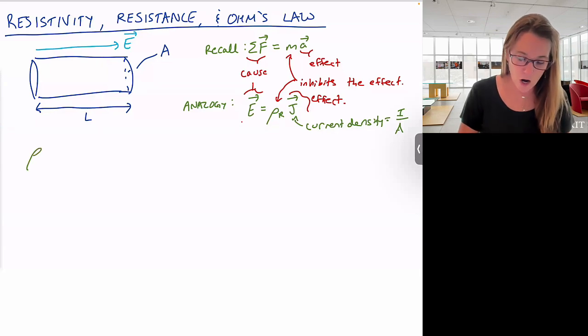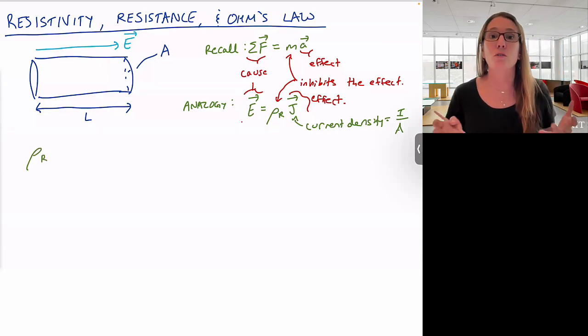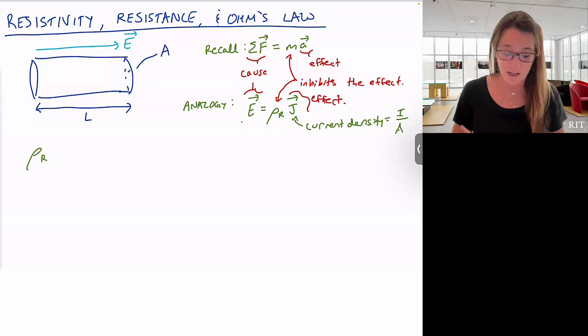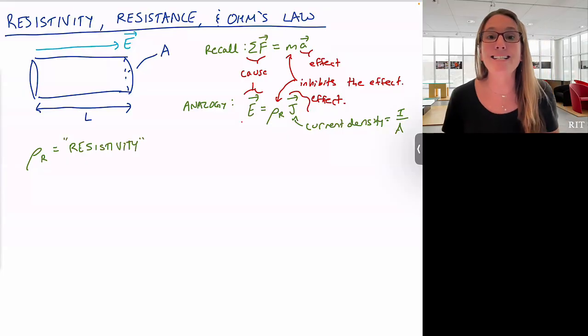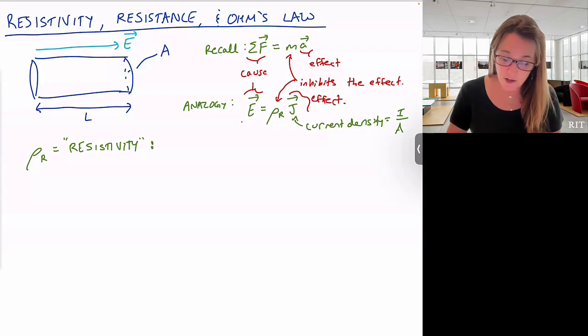Now I'm using rho, and I'm putting a little subscript r just so we don't get it confused with our densities. So rho sub r is not a density, it is the resistivity of a material, and it's a property of the material.